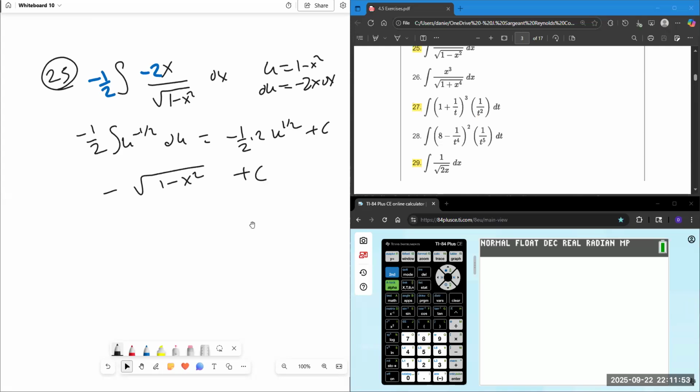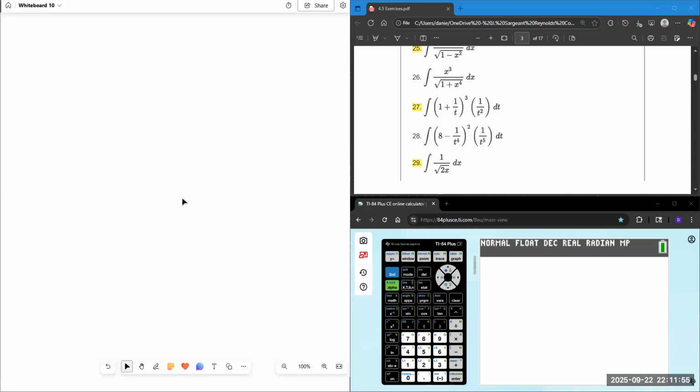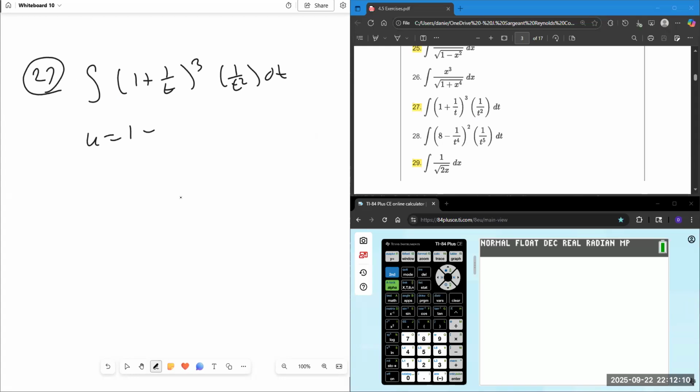Look at 27. The integral of 1 plus 1 over t, cubed, times 1 over t squared dt. So my u is my inner function of 1 plus 1 over t, or 1 plus t to the -1st.